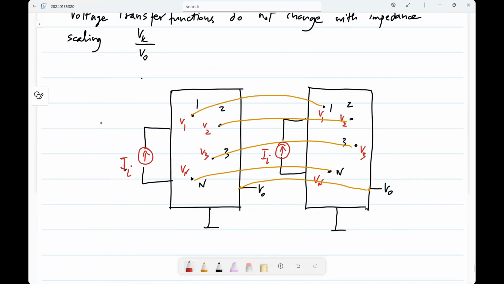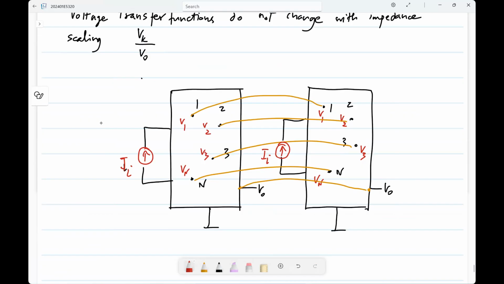What happens to the voltages? Voltages will not change. But what happened to the current to voltage transfer function? What happened to the transfer function from this current source, current to the voltage? What happens?